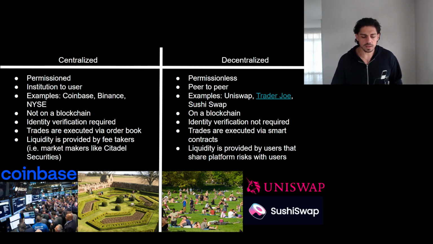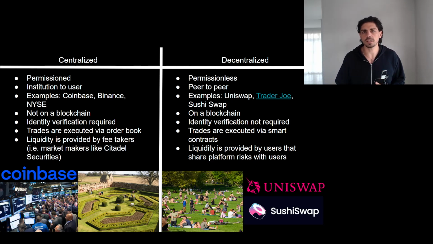And I think the most important thing that I want you guys to understand is how liquidity is hosted, right? So liquidity in a centralized environment is provided by fee takers, right? Or you can think about them as market makers, right? So there are decentralized market makers, of course, but in the centralized world, like the New York Stock Exchange, for example, about 20 to 30% of all the liquidity hosted on the New York Stock Exchange is provided by market makers like Citadel Securities, right? Which is interesting because they're providing liquidity, they're the spread takers, right?